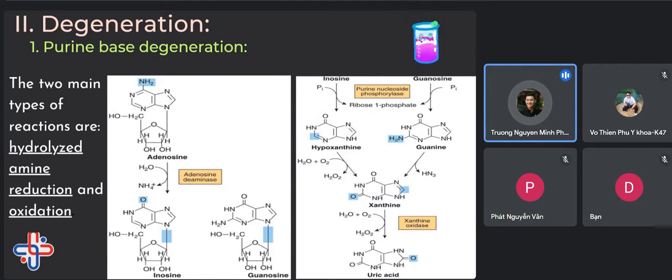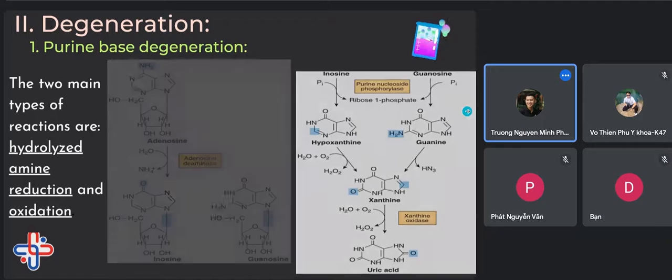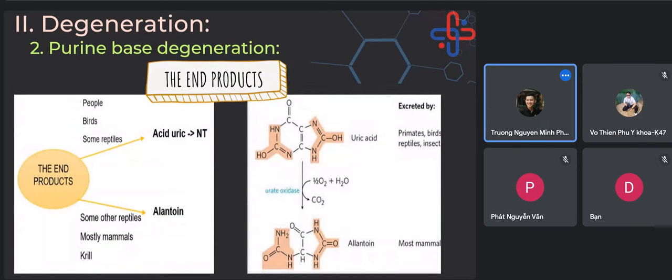We have two main types of reaction: hydrolysis, amine reduction, and oxidation. You can take a look at the diagram. Next, please. And these are the end products of purine base degradation, like I told you before. Next, please.